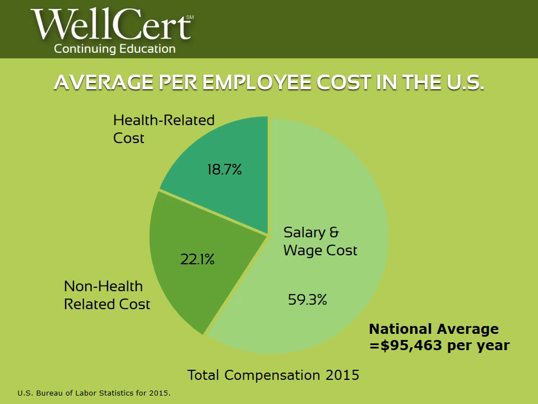So that means that if you took all of the wage and salary cost, which constitutes about 59% of total compensation in 2015 as reported by the Bureau of Labor Statistics, 22% of that entire amount of $95,463 was in non-health related cost, primarily benefit related, legally required and non-legally required benefits that are non-health related.